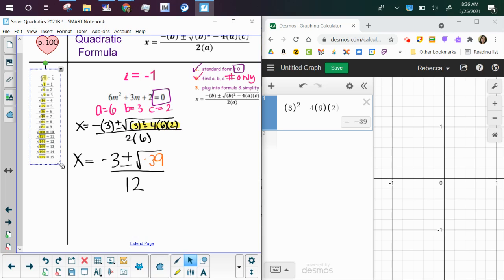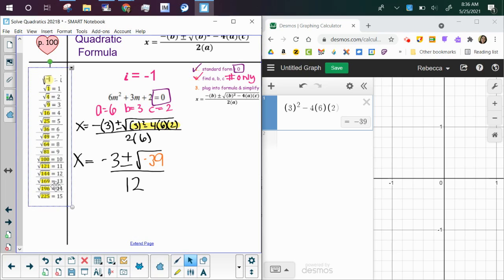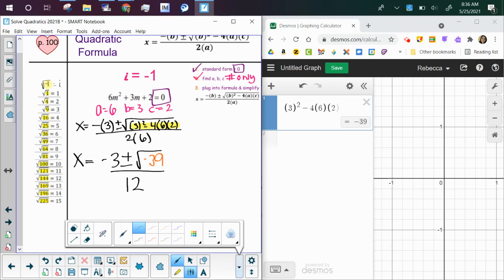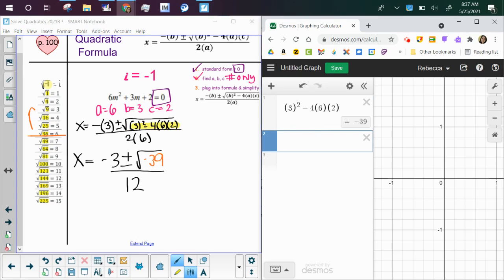Now that I've got that, I can go ahead and try to simplify my -39. So when I'm looking at this, 39 is going to fall right between the 49 and the 36. So I've got to try these numbers going up. I'm going to start with 36, 39 divided by 36, decimal. 25 is a decimal, 16 is a decimal, 9 is a decimal, 4 is a decimal, and then remember 1 isn't going to change anything.